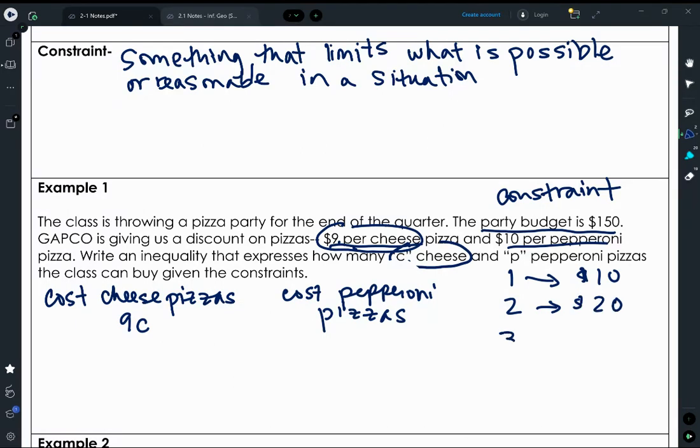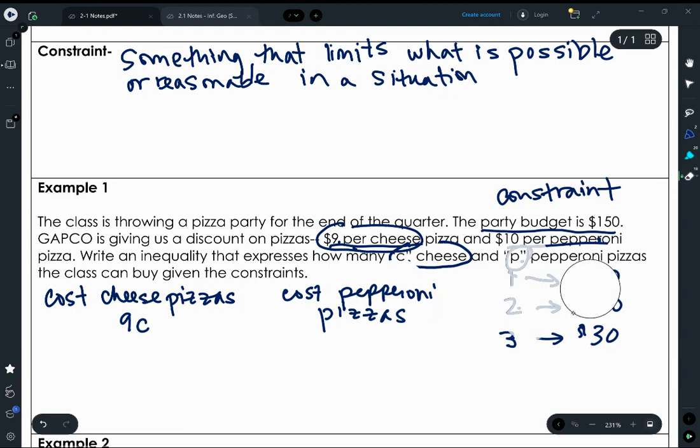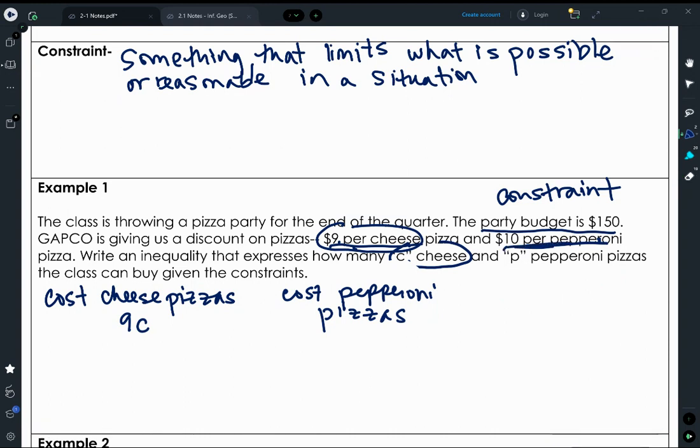If I buy three pepperoni pizzas, 3 times 10 would be $30. So again, I'm multiplying the price per pepperoni pizza times how many I have, but I don't have one or two or three. I have P pepperoni pizzas. So when I want to write an expression using that constraint, the cost per pepperoni pizza, I'm going to be writing 10P.